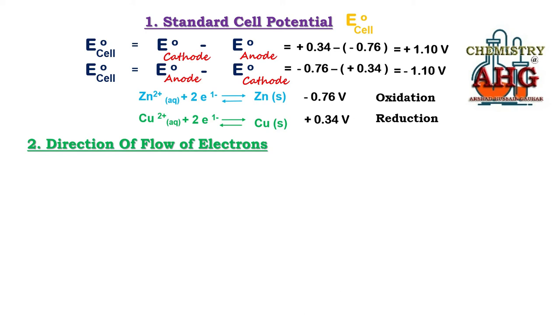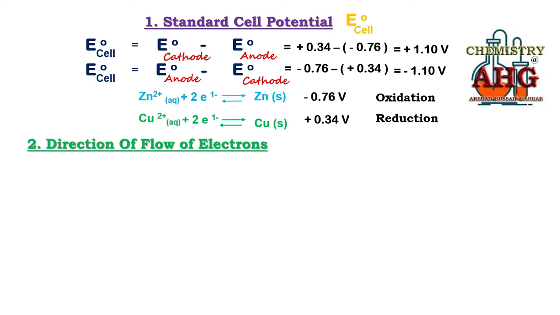Now remember, as I told you in the beginning of this lecture, whenever a cell is generating voltage, that cell is known as an electrochemical, voltaic or galvanic cell, and whenever a cell is consuming electrical energy, it is known as an electrolytic cell. Right now the first cell is an electrochemical cell. Why?